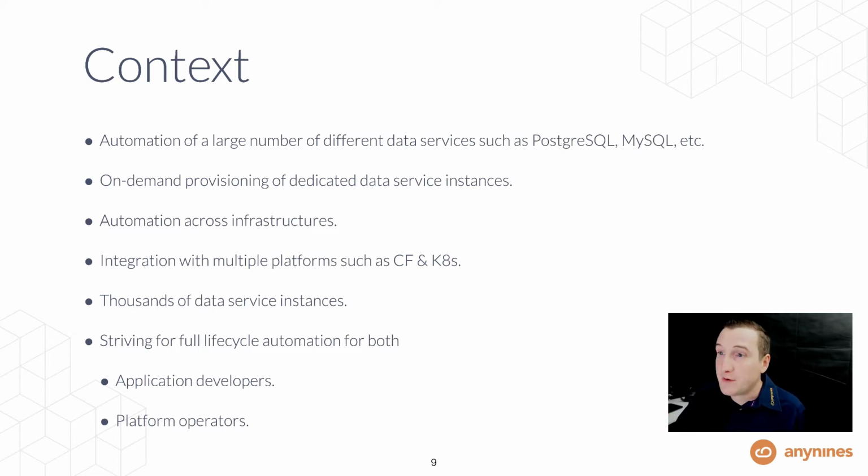On-demand provisioning of dedicated service instances is the next constraint we have in this talk, because you could also share a Postgres server, serving databases of a particular data service server to various clients.